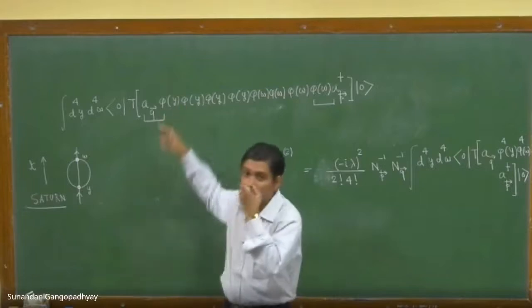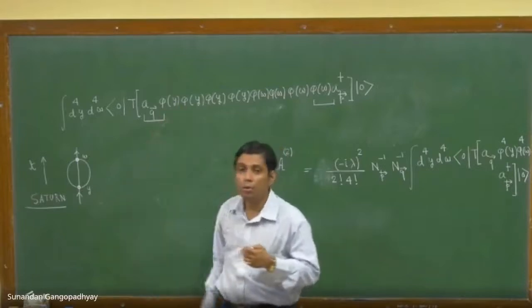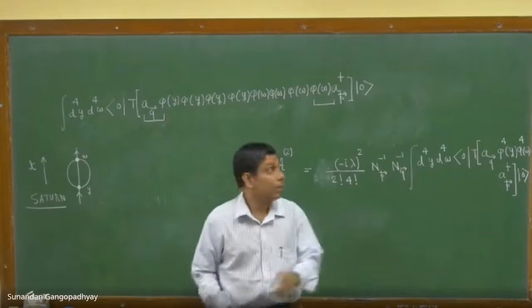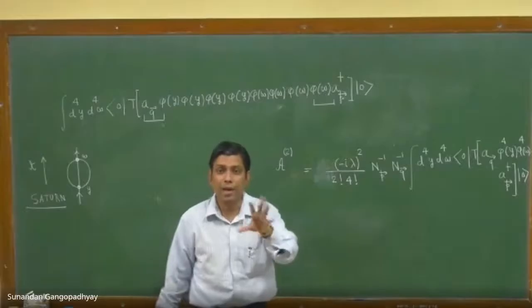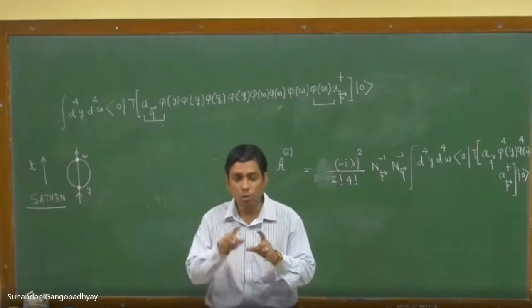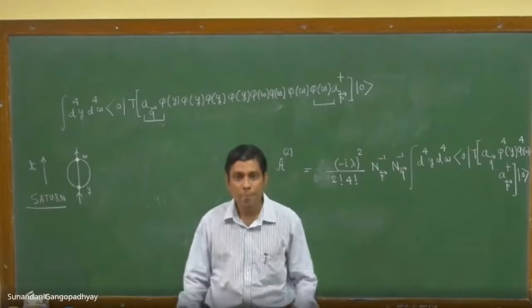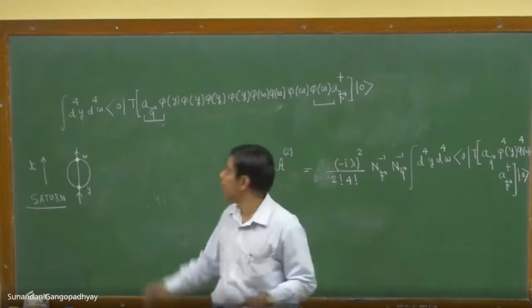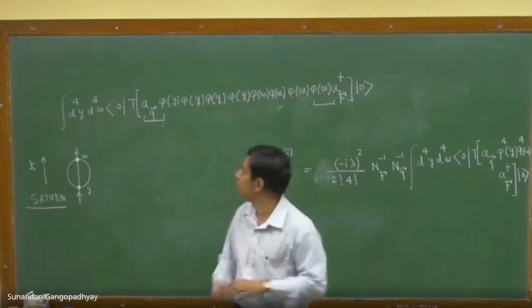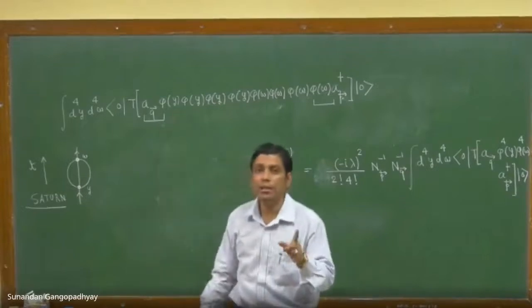And there, if you calculate it, what we found was e to the power of i q dot z, apart from that N_p factor, which is 1 by square root of 2 omega_k (2 pi) whole cube. That I call N_p, and then we have e to the power of i q dot z. So in this case, it will be e to the power of i q dot y.